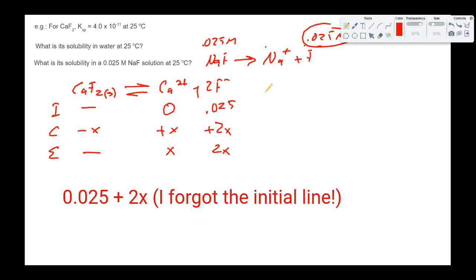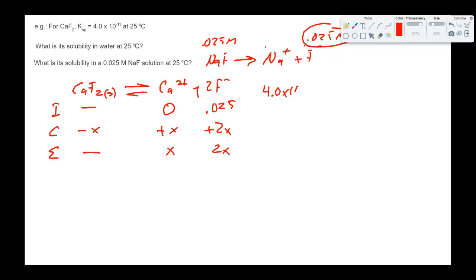So Ksp, which is 4.0 times 10 to the negative 11th at our temperature here, is going to be equal to concentration of calcium ion at equilibrium, which is x, times concentration of fluoride ion squared, which is (0.025 + 2x) squared. Now, one thing that we notice about K is it's very small.